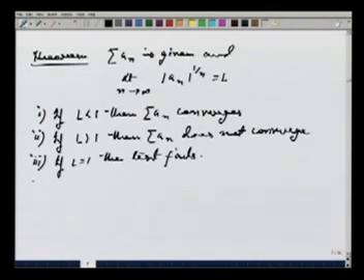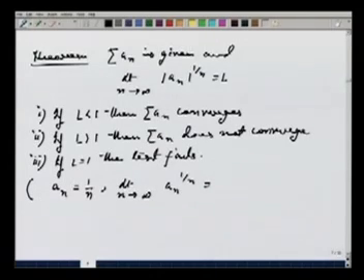Again, as an illustration of 3, what we do is take a_n to be equal to 1 by n. Then limit n going to infinity of modulus of a_n to the power 1 by n, which is certainly equal to 1.